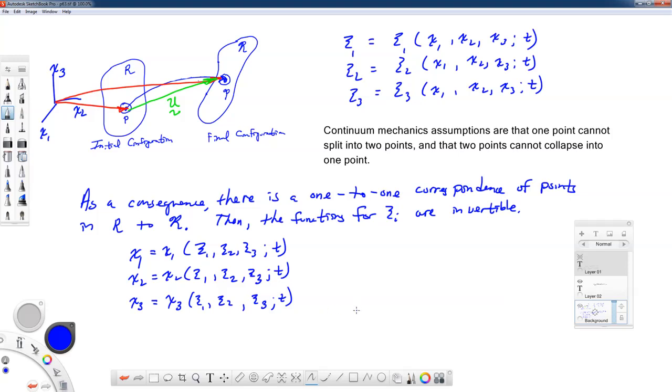Now, if we wanted to write field variables or field functions, we can either use the coordinates in the initial configuration or the coordinates in the final configuration.